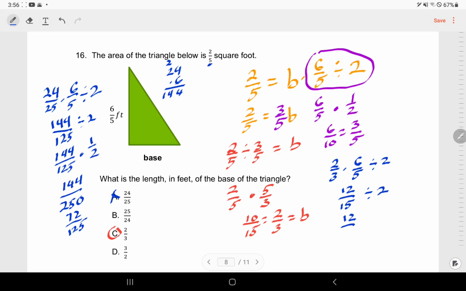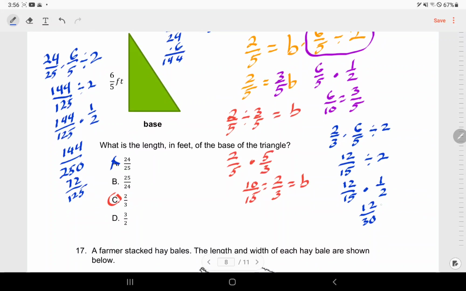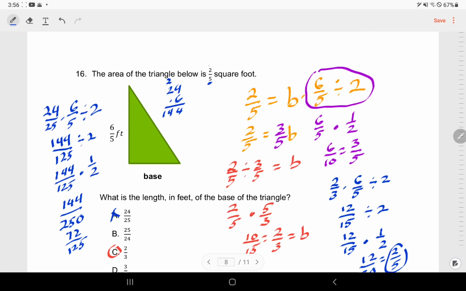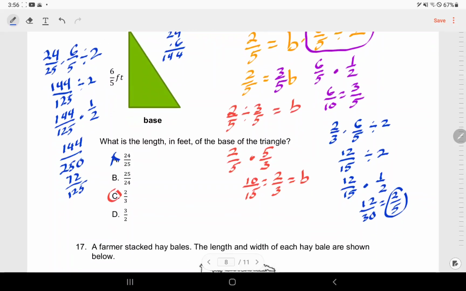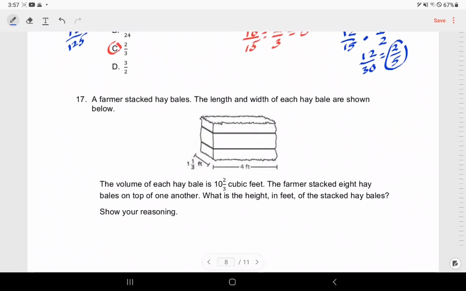Well, keep, change, flip. 12 times 1 is 12. 2 times 15 is 30. 6 goes into both 12 and 30. 6 goes into 12 2 times. 6 goes into 30 5 times. And that's 2/5. And so 2/3 works. So multiple ways, same problem. So again, whichever is easiest for you.